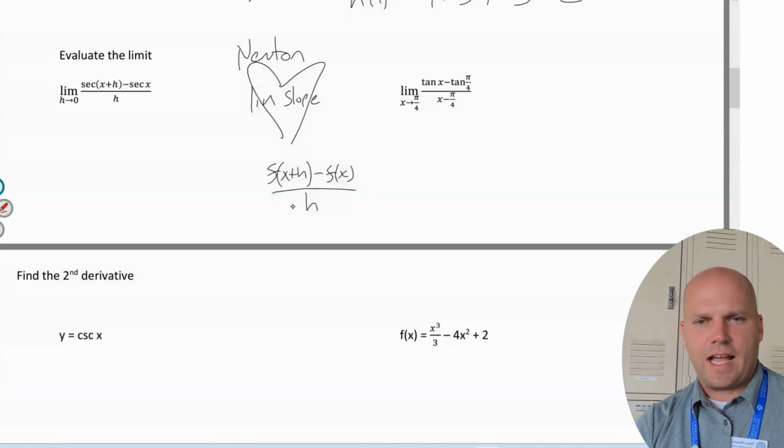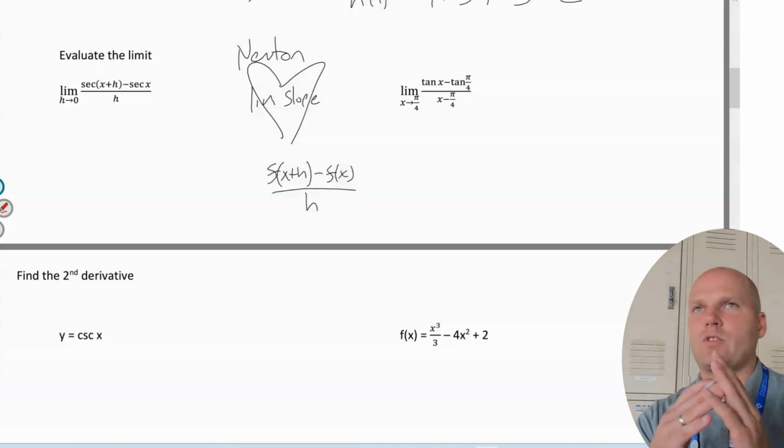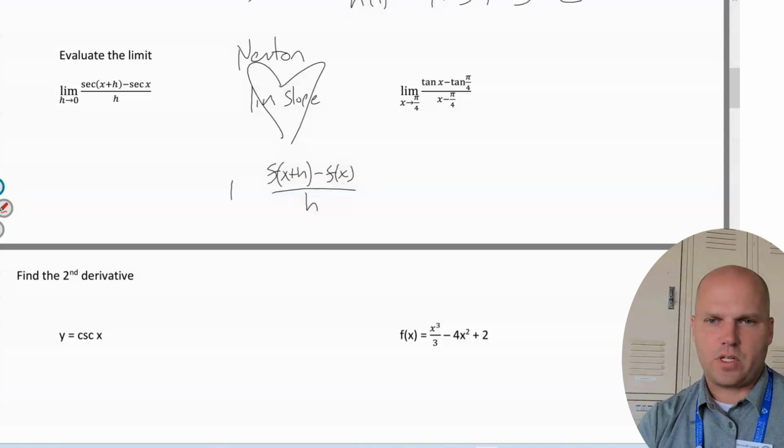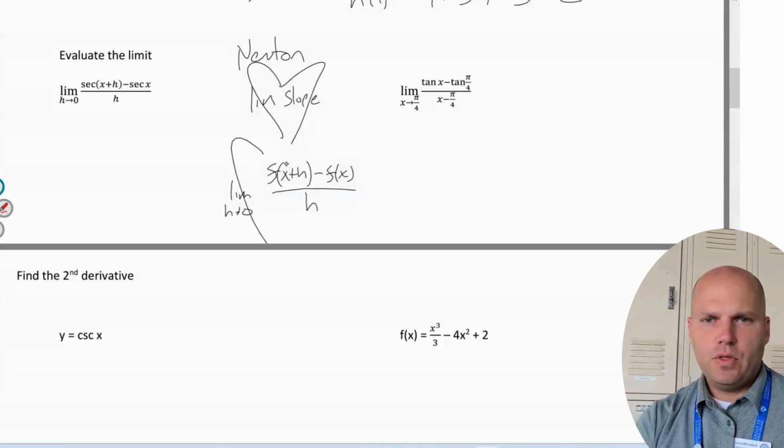Now you're thinking it's an x2 minus an x1, and it is, but they're saying the x2 minus x1 is this x distance, we'll call it h. And these 2 points are this h distance away from each other. They said if we put the 2 points really, really close together, boom, this is a tangent slope.